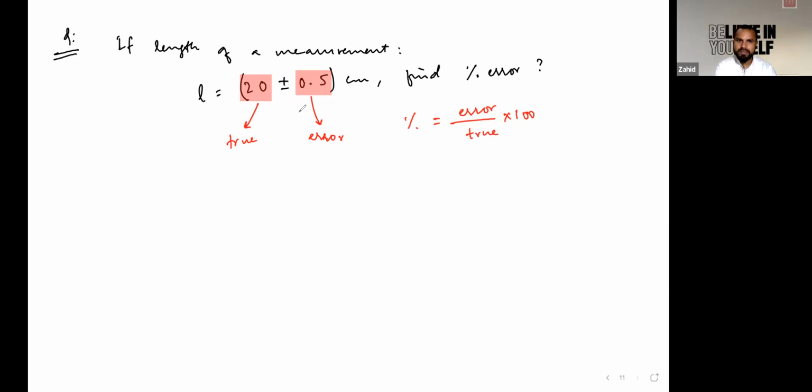Shwab, have you calculated this? Just put the value of error in the numerator, true value in the denominator, and multiply it by 100. Try to solve.